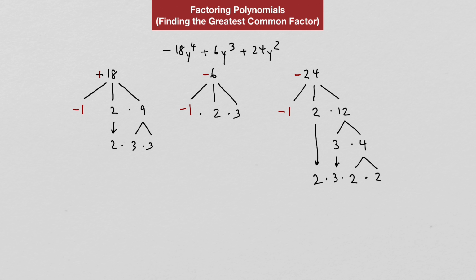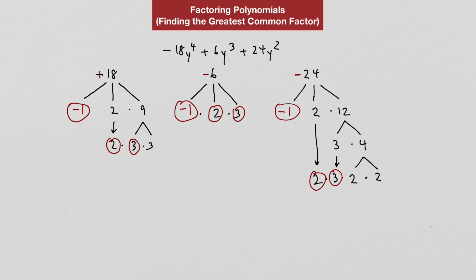Okay, so now we look at what's common across all 3 of these coefficients, and we see that obviously negative 1 is common across all 3. We also have a 2 that is common across all 3. And we have a 3 that is also common across all 3.